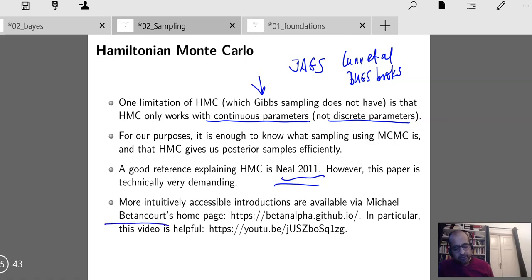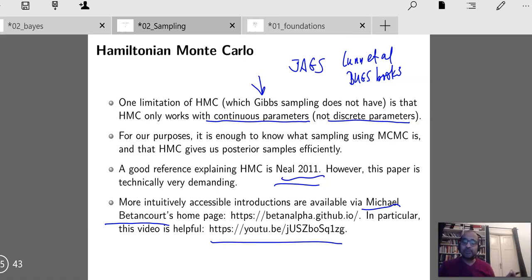Michael Betancourt has a homepage which I've linked to here, which gives very good intuitions on HMC, and there's also a nice video by him that shows how to visualize HMC and how to understand it. On the homepage for this course, you will notice towards the bottom, I provided some links to some visualizations by people like Richard McElreath. They have provided some beautiful illustrations on how HMC works. So I advise you to study this later when you have more time.